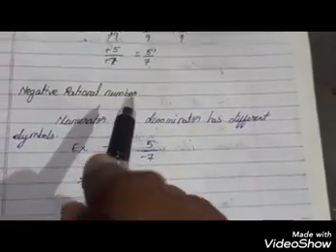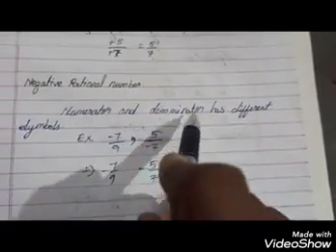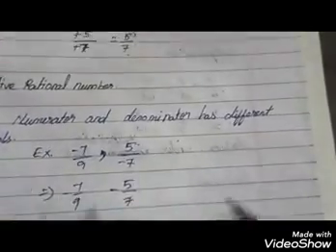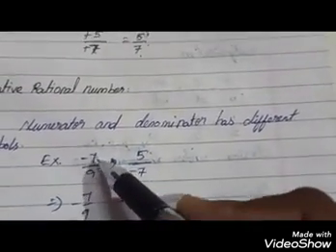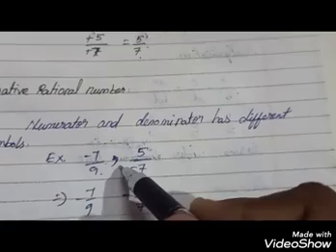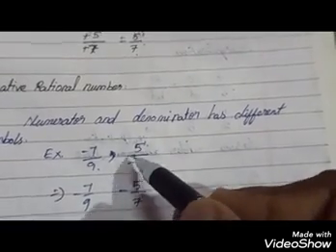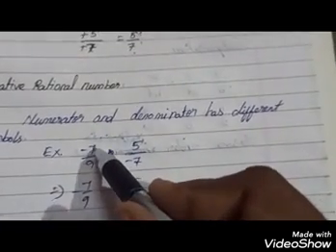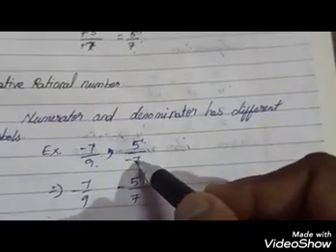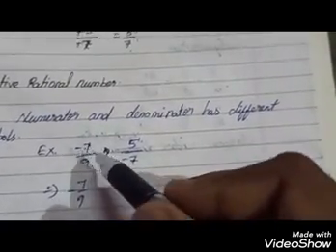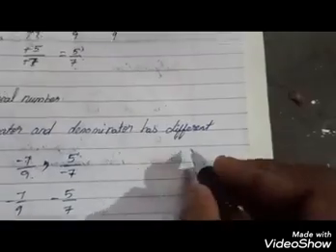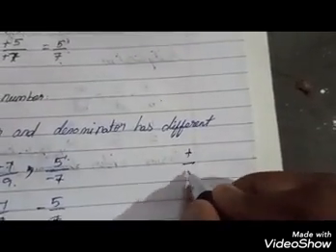Negative rational number means the numerator and denominator have different symbols. Here minus 7 by 9 and 5 by minus 7: in one the numerator has a negative value, in the other the denominator has a negative value.